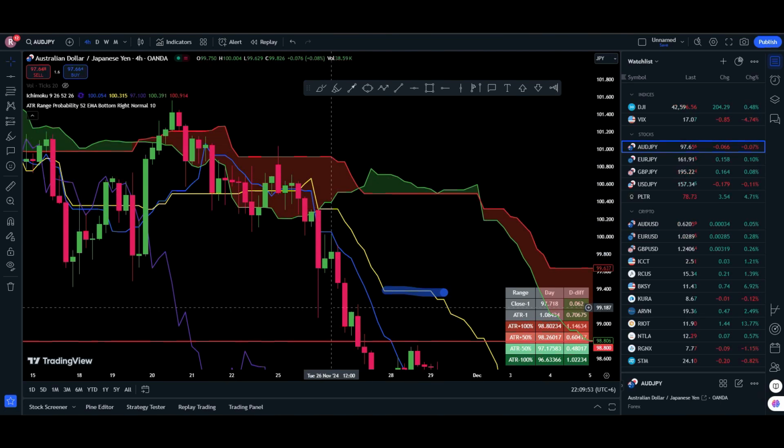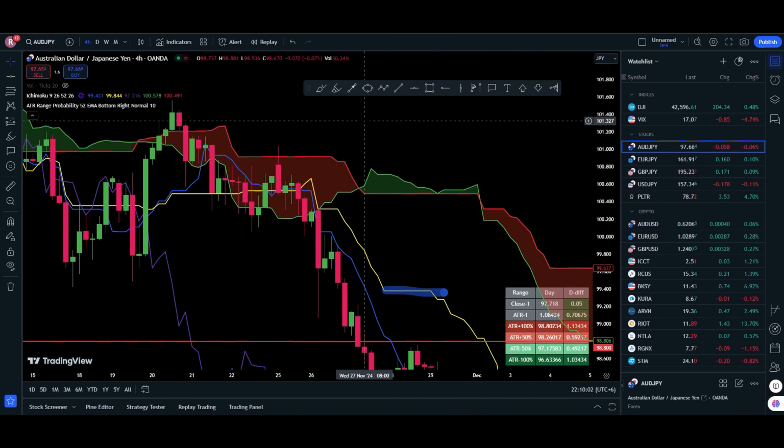So let's say you have achieved 2 times. So you will close 1% of your trade. Then you will move your stop loss from the previous place to the place of opening your trade.